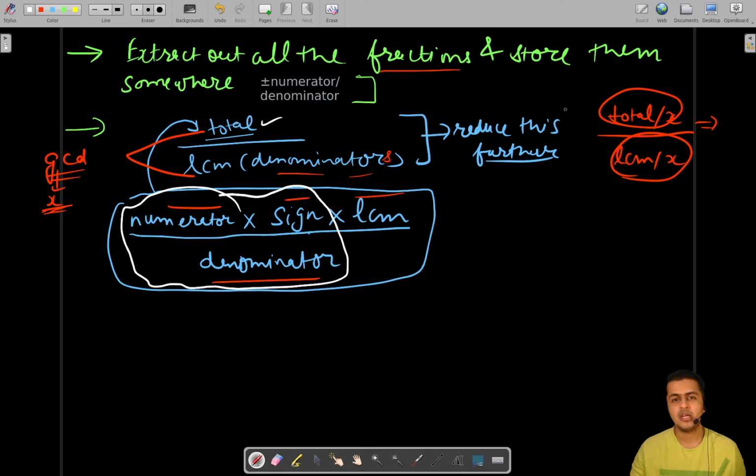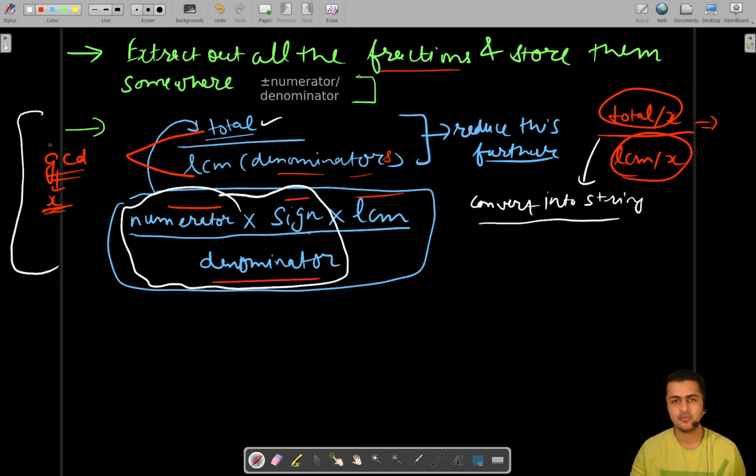And then this will be your result. Convert this into string and return it as a result. And there will be many edge cases that you need to take care of.